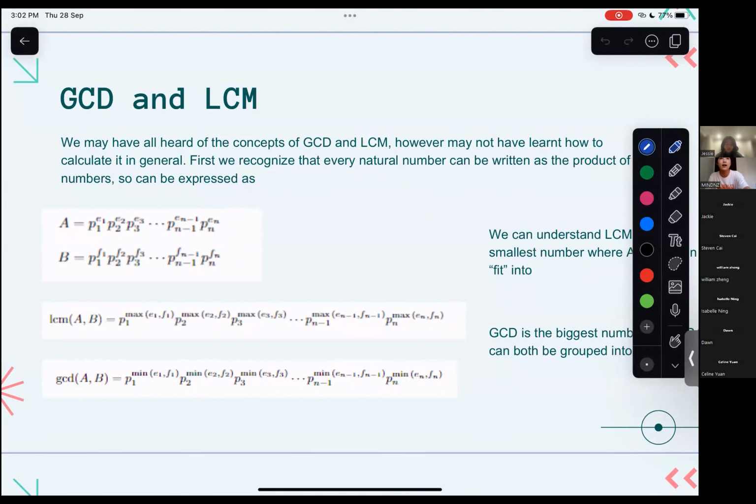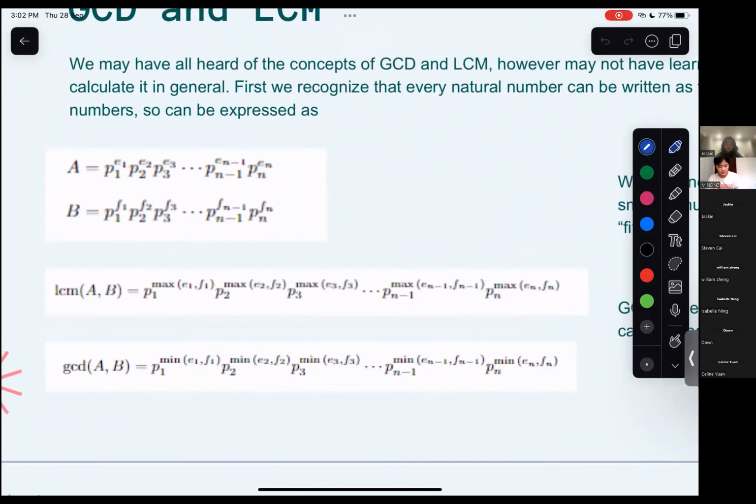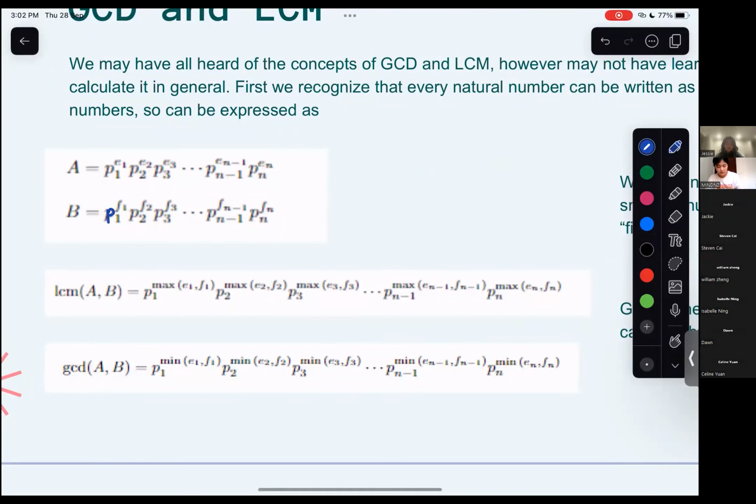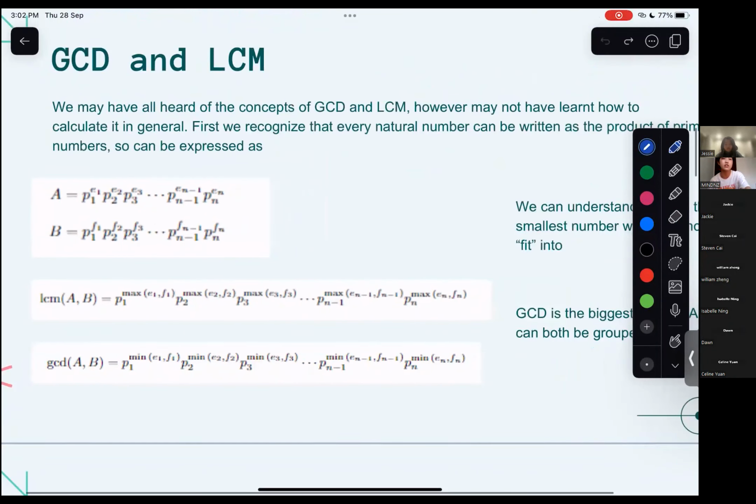So let's say we had the numbers a and b. We can write them in terms of the primes p1, p2, p3, all the way to pn, right? And here they don't necessarily have to have the exact same prime factors. It could also be to the power of 0, right? P to the power of 0 is just going to be 1. So has everyone heard of prime factorization?